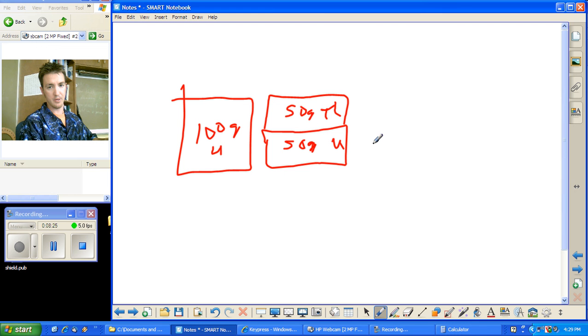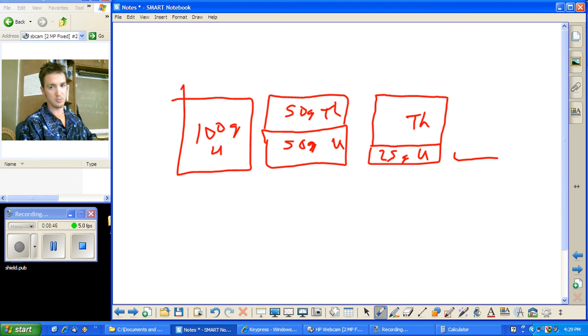The next half-life, half of that 50 grams decays, and then you're left with the rest of that being the thallium. And so it's not that half of the total weight just disappears, because that can't happen.